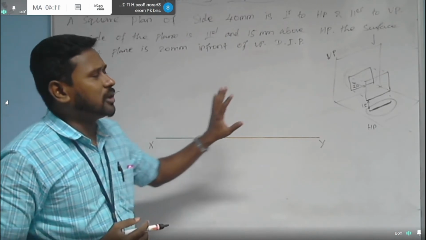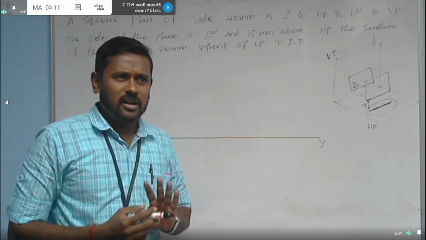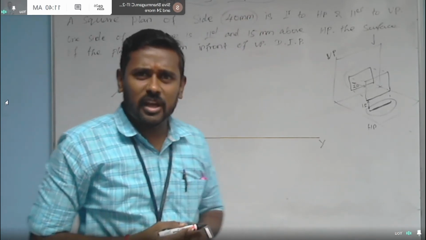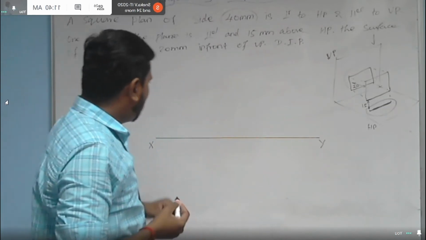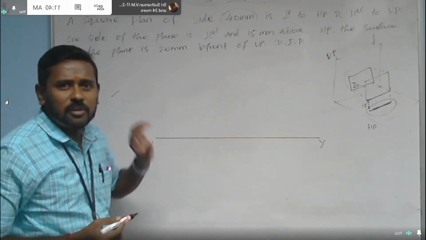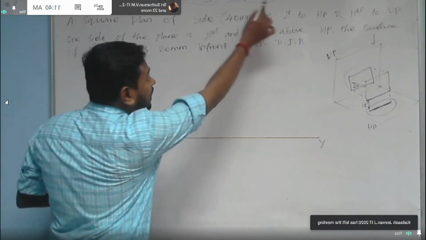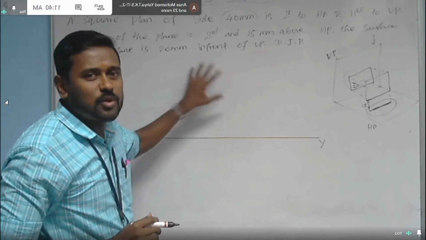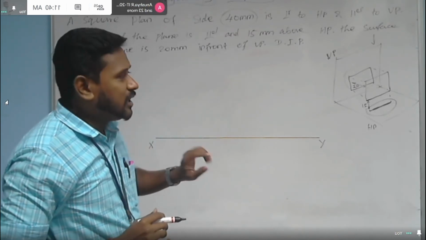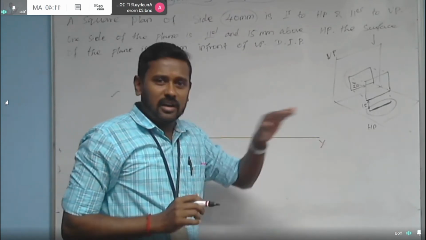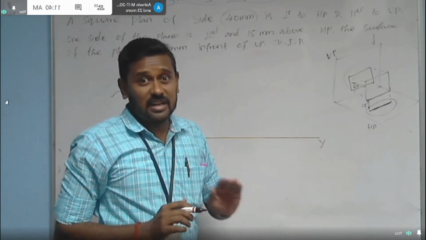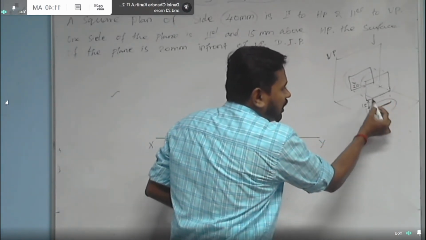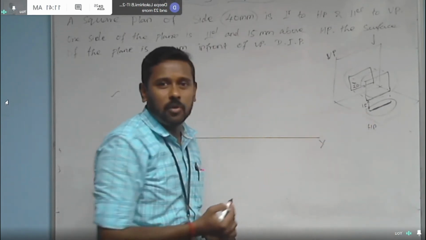In the front view, I am going to draw the square base. What about the dimensions of the square base? It's given as 40 mm. This one dimension is enough to draw a square, right? Then where exactly do I need to draw the square base with respect to XY in the front view area? That will be answered by knowing the distance of the plane from the horizontal plane. The plane has one side parallel to the XY line and it is 15 mm above the horizontal plane.